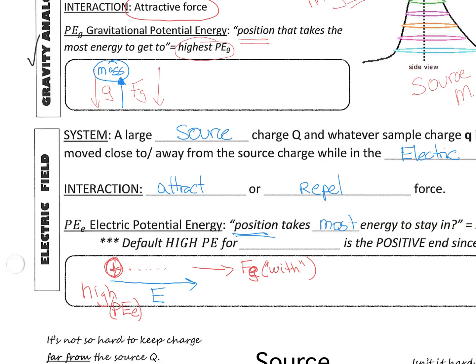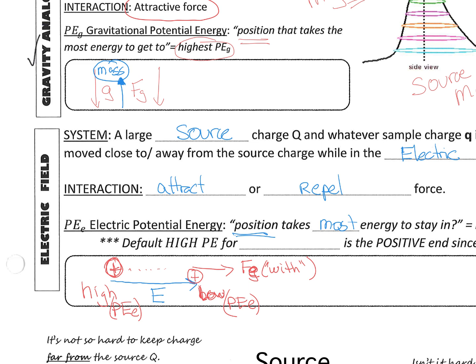Now, what if I let the positive go and it flies all the way over here? It has moved. Well, now this is the side with low electrical potential energy. And how did that happen? It happened because we let it go and it moved, and that's its natural tendency. So it's kind of like letting a rock fall.